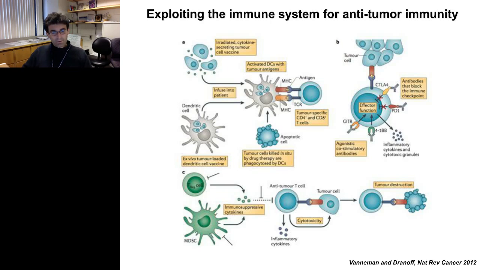So there is a possibility to manipulate, eliminate, or change the function of these regulatory or suppressive cells to increase the efficiency of T cells to recognize the specific cancer cell and then lead to tumor destruction. So you see there are many ways to manipulate the immune system for an increased recognition of the antigen presented by cancer cells and to increase the efficiency of specific T cells to recognize and destroy cancer cells.